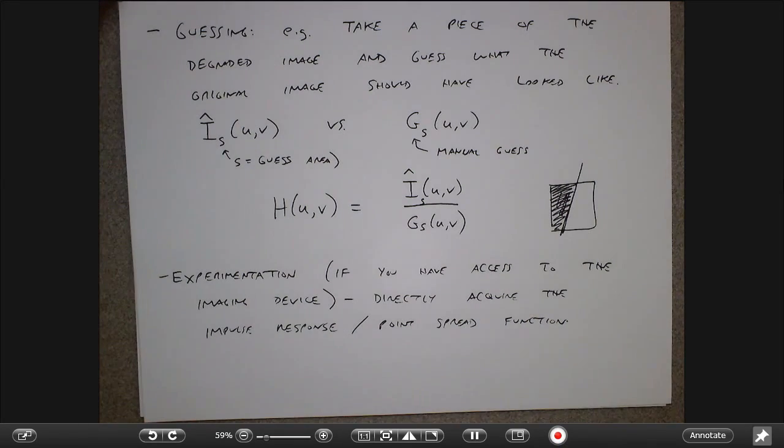So for example, what I could do is I could say, okay, I'm going to put my camera in a very dark room. I'm going to turn on just a pinhole of light that should be basically the equivalent of an impulse.